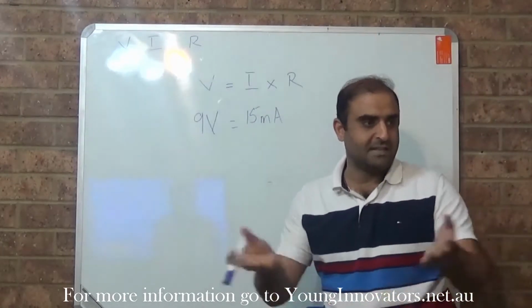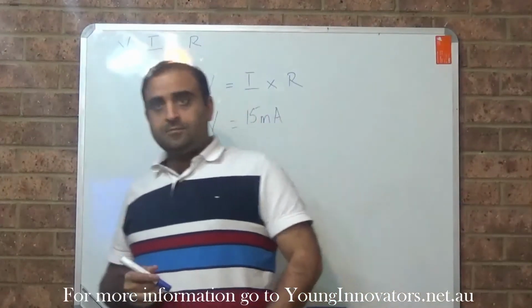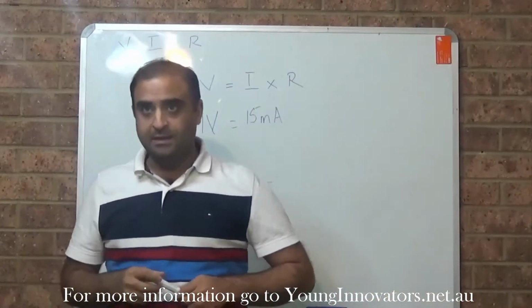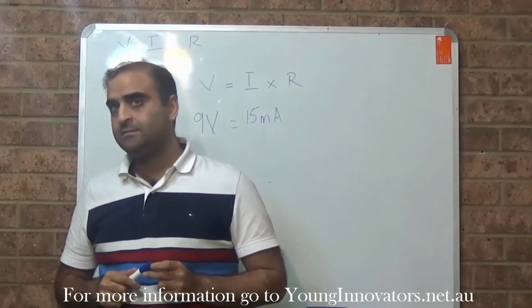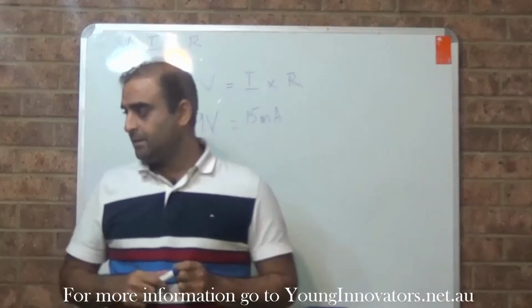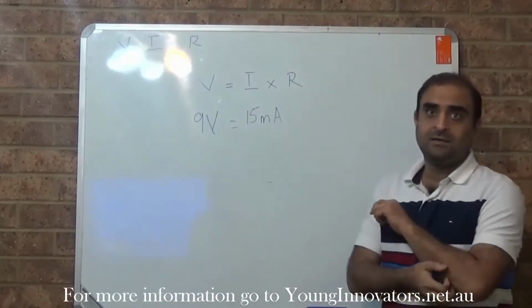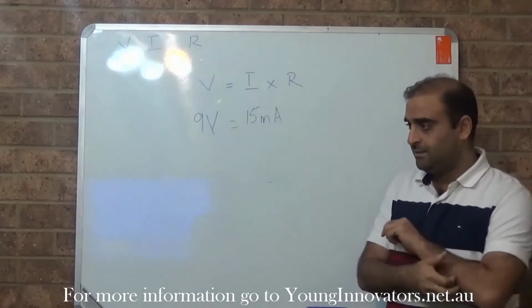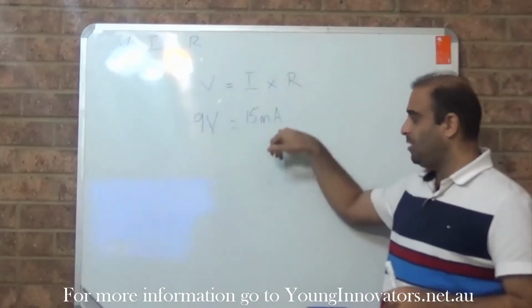Put it this way: in 1 meter, how many millimeters? 1,000. So in 1 ampere, how many milliamperes? 1,000. So in other words, it's 0.015 ampere. Right, milli is just a thousandth part of an ampere.